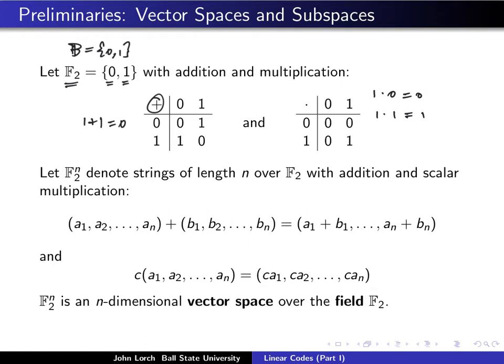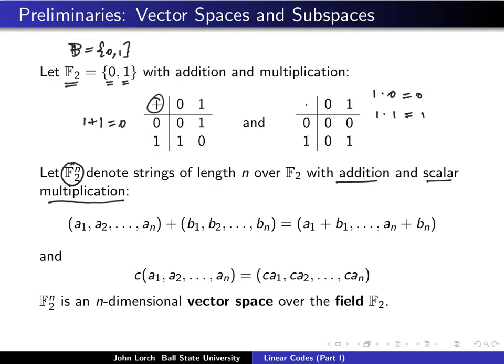Okay, now if we put arithmetic on the set F2, we can also put an arithmetic on the set of strings of length n over F2. So in particular, we can make the strings of length n over F2 into what's called a vector space. So a vector space is an object that has both an addition and a scalar multiplication.